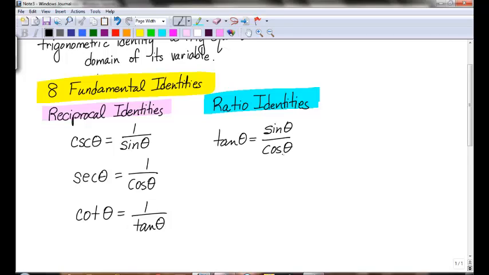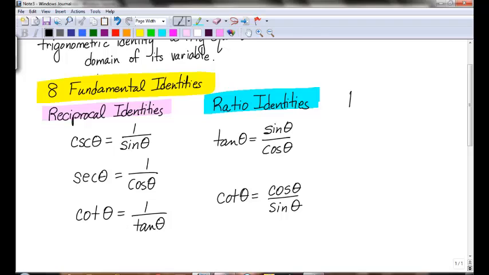The ratio is sine over cosine. Cotangent, if tangent is sine over cosine and cotangent's the reciprocal, then just invert that. So cotangent of theta is cosine over sine. Okay, so that gives us 5.